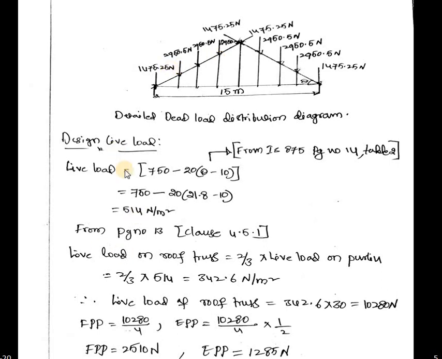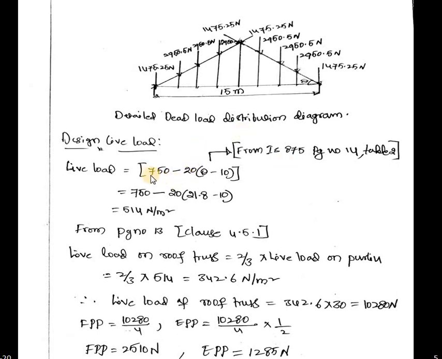Now coming to live load calculation. How to calculate live load? Very simple, very easy, but we should follow IS 875. Very important. Otherwise you should remember this formula. If you remember this formula and this condition, then your live load calculation is very easy.